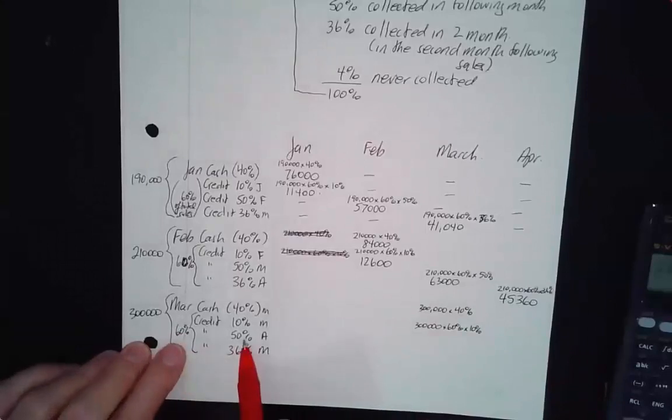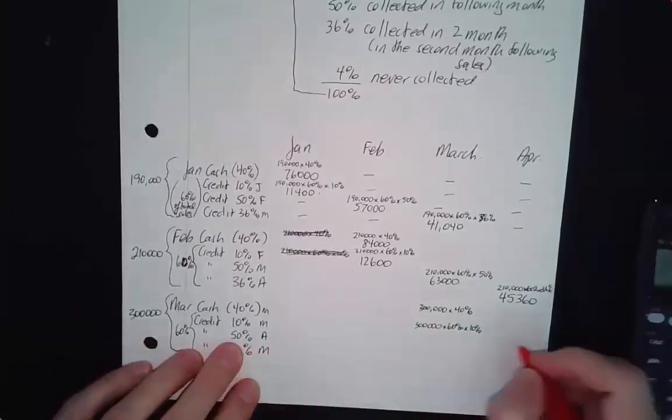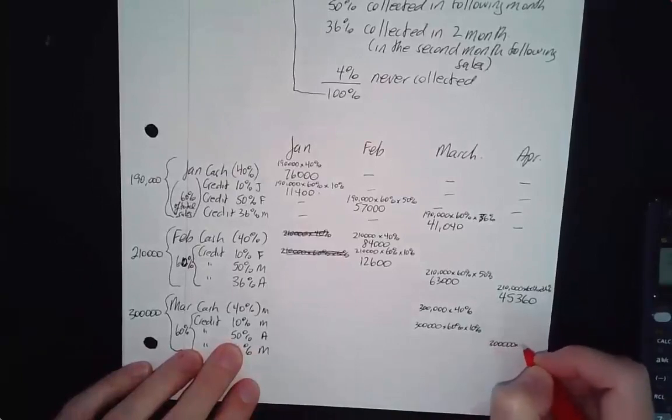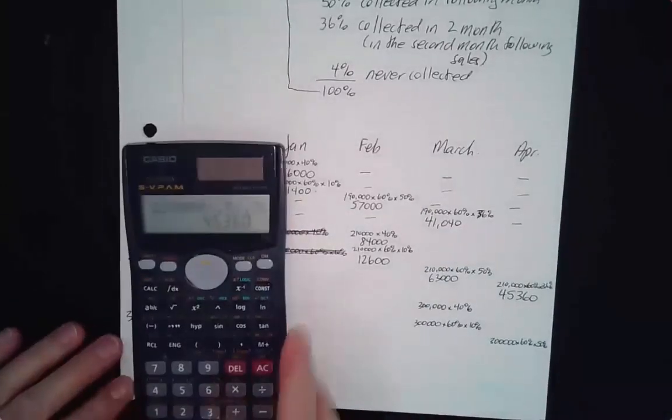300,000, 60, 50. April. 300,000 multiplied by 60% multiplied by 50%. All right, let's do the math.